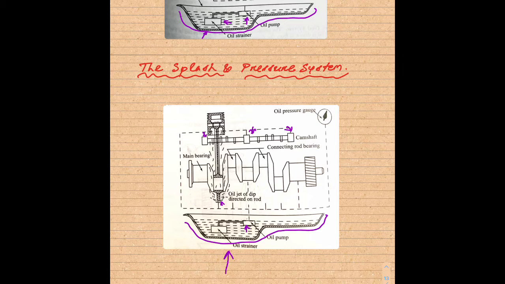So the whole engine will be lubricated like this. Here you can see the lobes on the connecting rod are also there, and we are pressure feeding the oil in the engine to different parts. So this way the whole thing works.